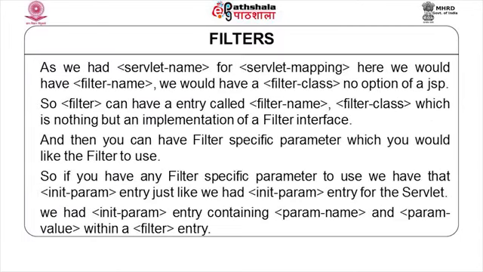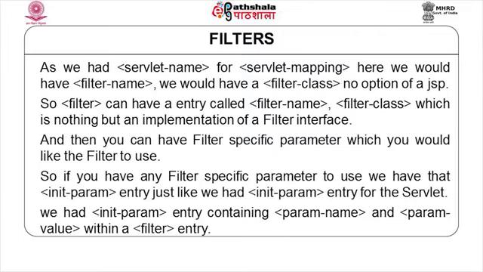We have the init param entry, just like for the servlet, containing the param name and param value entries within a filter entry. Any number of init param entries may be specified for a particular filter, and any number of filter entries may be specified.